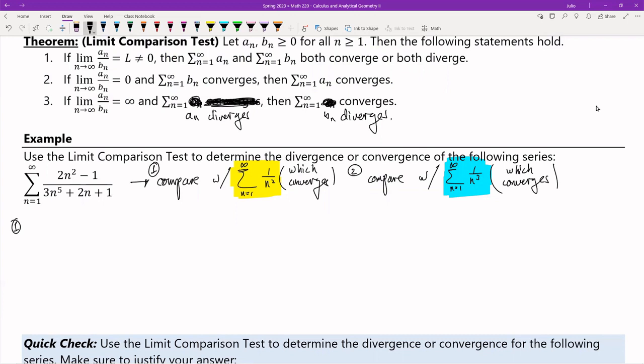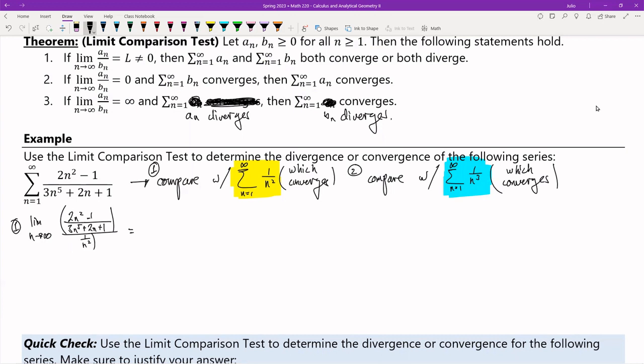I'm going to do the limit as n goes to infinity of my a_n, which is 2n squared minus 1 over 3n to the 5th plus 2n plus 1, on top, divided by my b_n, 1 over n squared.